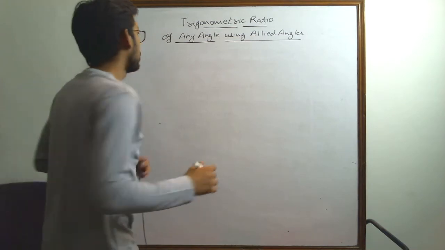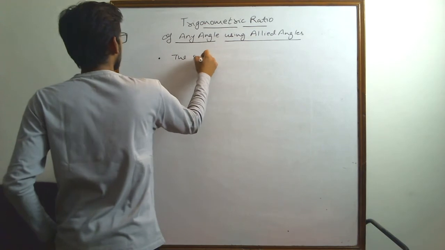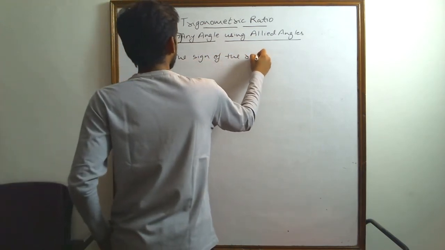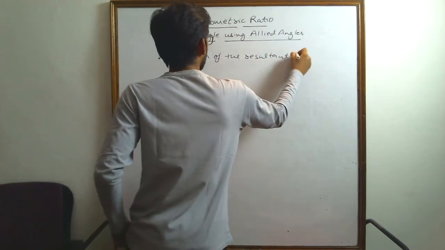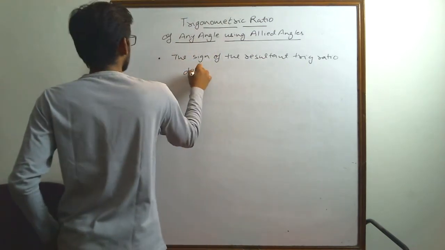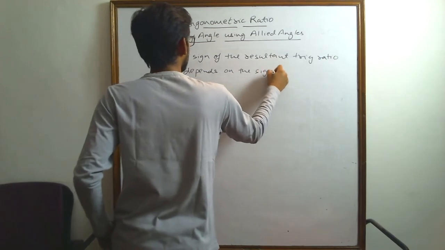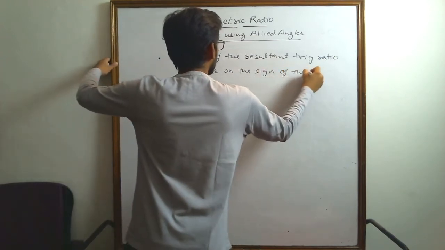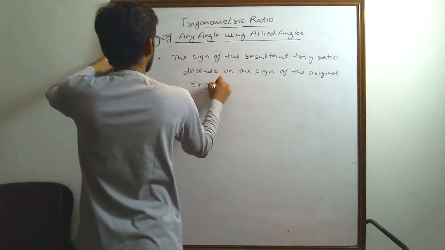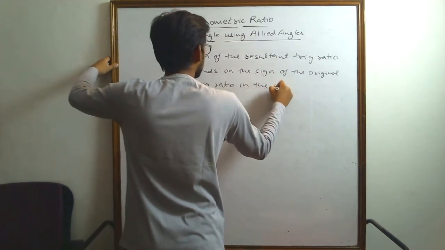Now the second rule of the formulas of allied angles is that the sign, whether it is positive or negative, of the resultant trigonometric ratio depends on the sign of the original trigonometric ratio in the quadrant in which the original angle lies.